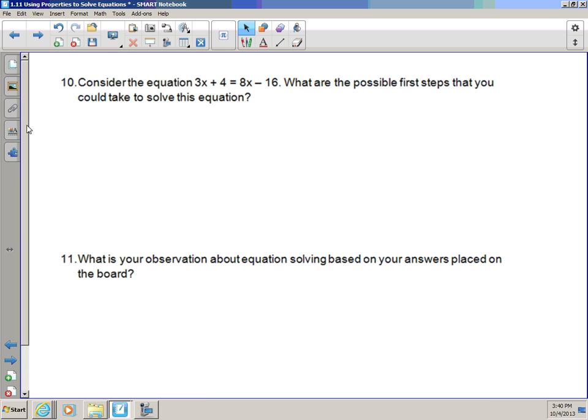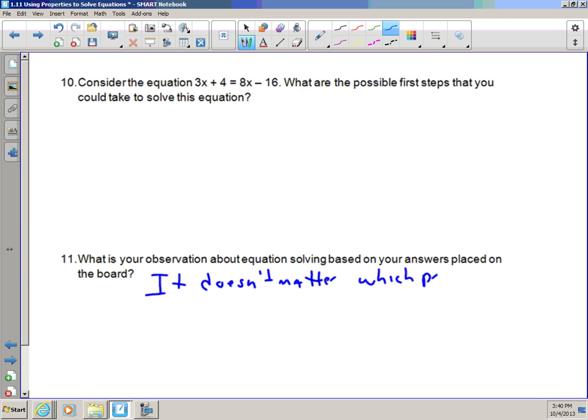It doesn't matter, and here is the key point. It doesn't matter which property of equality is used in whatever order.